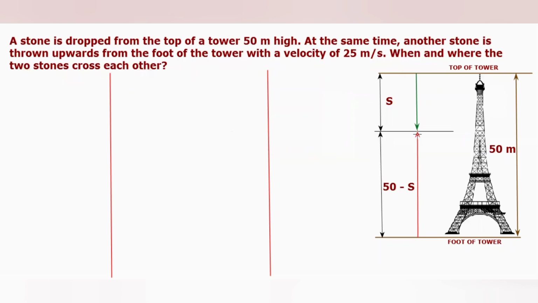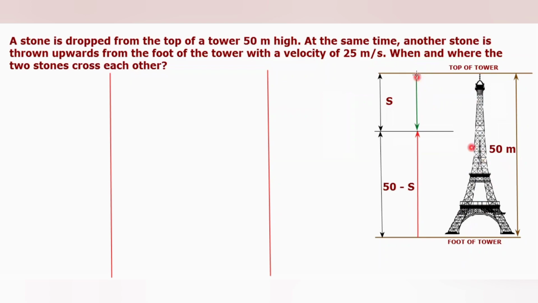First of all, there is a tower with a height of 50 meters. This is the top of the tower, this is the foot of the tower. The linear distance between the foot and the top of the tower is 50 meters.